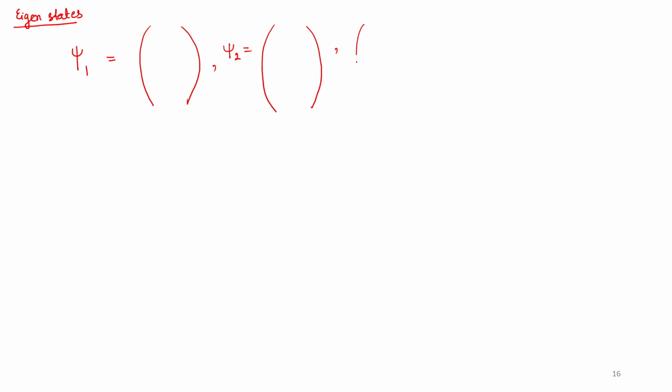One of them is going to be like this, psi 2 is going to be this. Here are the eigenstates or eigenfunctions, you can say whatever. I'm going to fill it up soon.